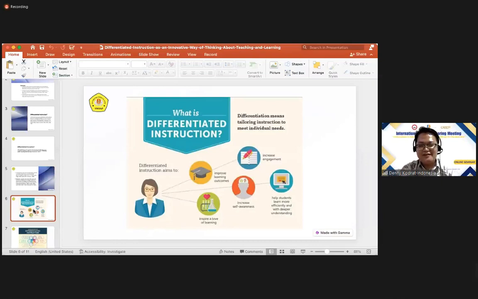So the students like learning, the students love learning. The classroom should be happy, of course. And students increase self-awareness, the importance of study, the importance of learning, and also help students learn more efficiently and with deeper understanding.